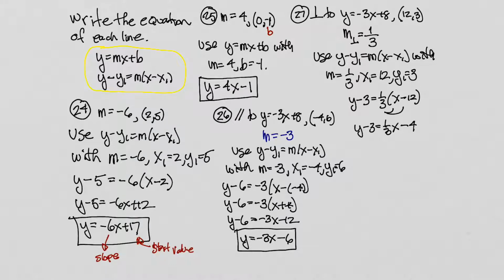One more step and we'll have it. We're trying to solve for y, so we're going to add this 3 to both sides. So we get y equals 1/3 x, and then negative 4 plus 3 is negative 1. So our equation is y equals 1/3 x minus 1.